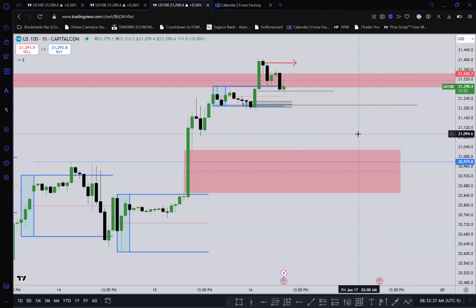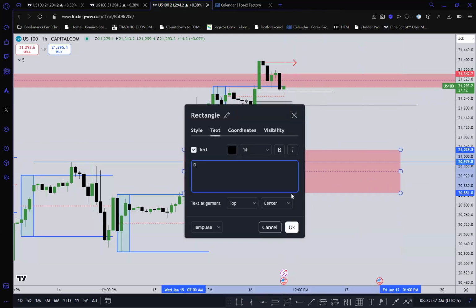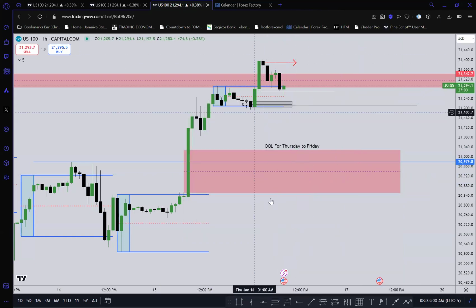So nothing incredibly bearish as yet. I would really like to see a retracement. But my draw on liquidity for the day, the end of the week low from Thursday to Friday. Nice and simple. That's what I'm looking for.